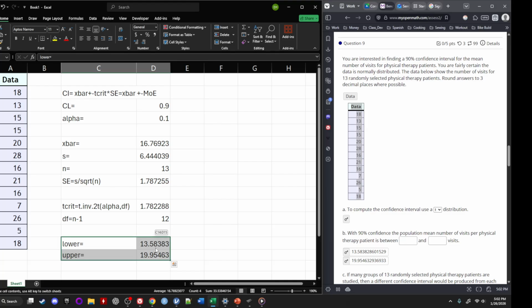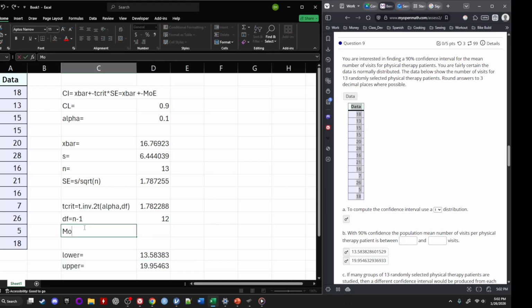We'll have the margin of error equals, and all it is, I'll type in what it equals here, it's the t-crit times the standard error. And then it makes this calculation even easier. We don't have to do this multiplication. We can just do minus the margin of error, and we can do plus the margin of error.